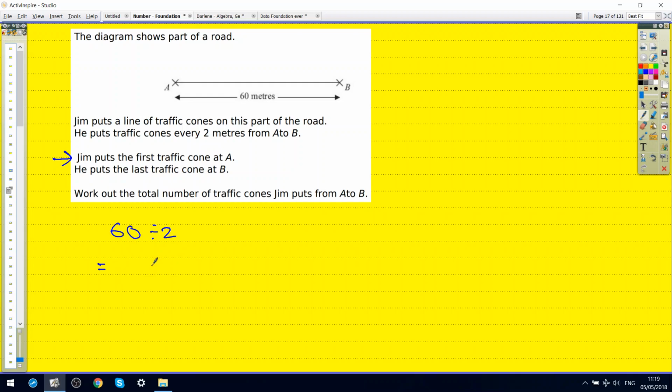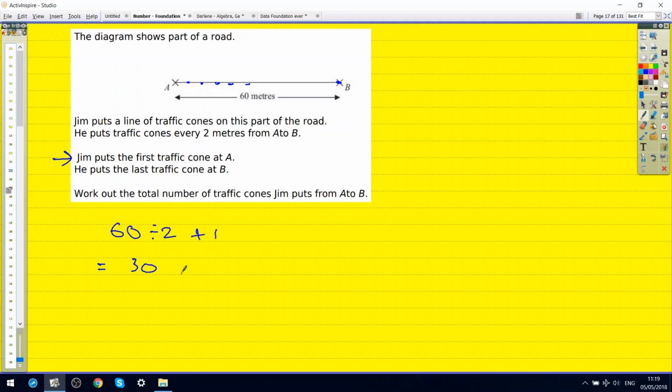Which 2? The one at B as well? The one at B will be there anyway. So if you were to put one every 2 meters, it'd be like that. And the last one would be on B. Yeah.